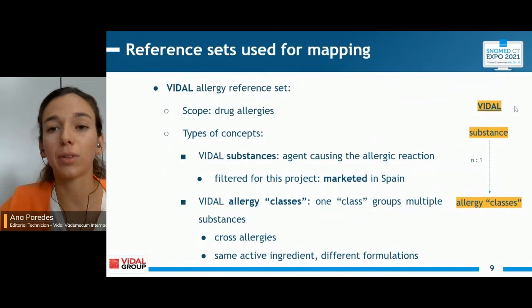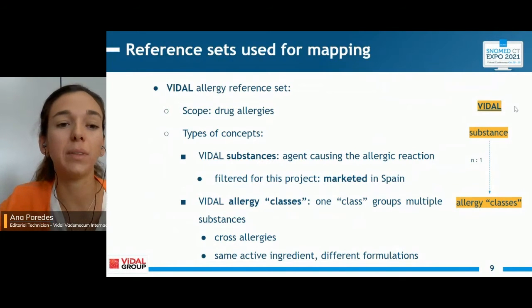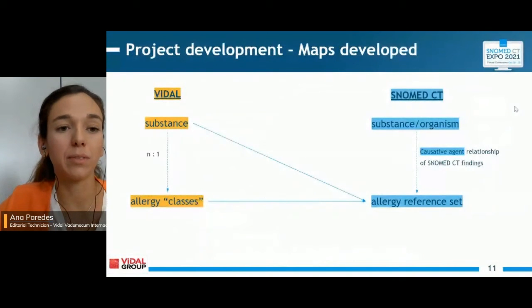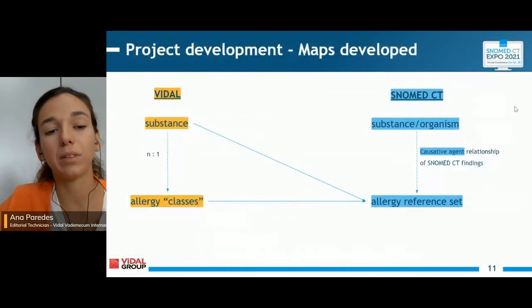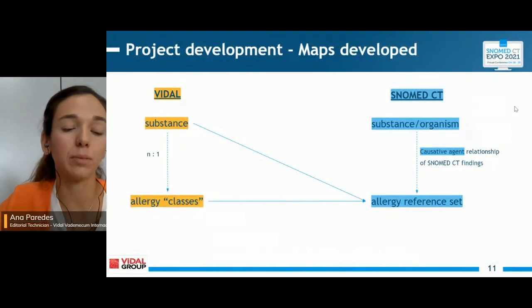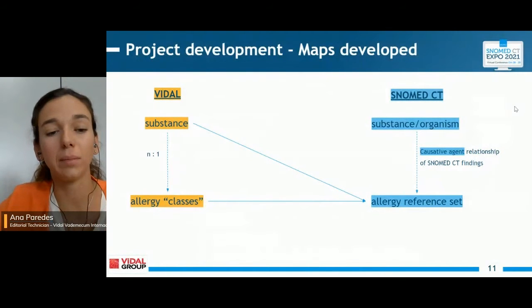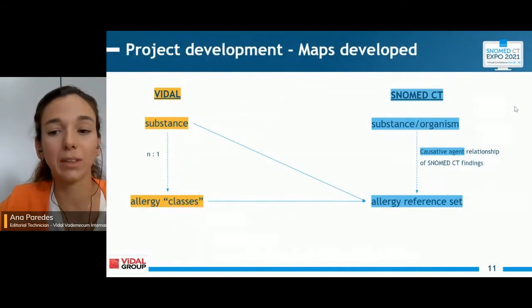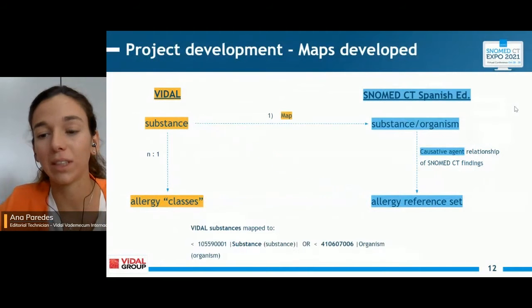So now focusing on the maps that we developed, before starting the project, our objective was to have all Vidal allergy reference set mapped to SNOMED CT allergy concepts, and that implied two types of mapping: the substances to allergy concepts, and then mapping what we call the allergy classes to allergy concepts.